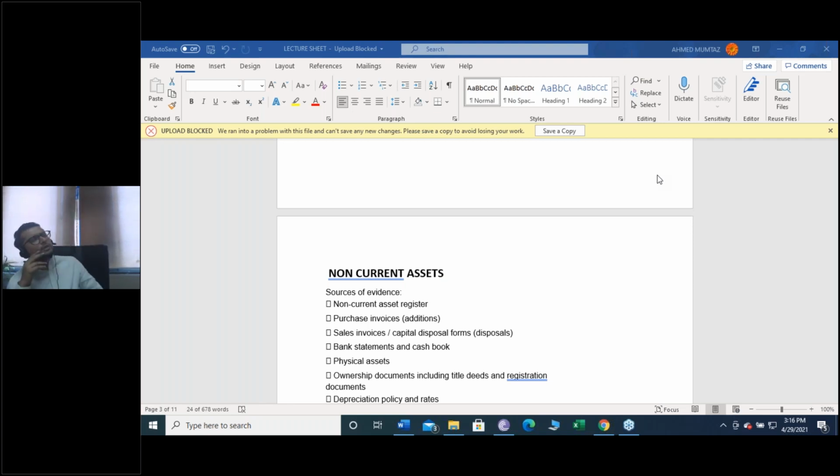If I need to apply procedures on receivables, payables, non-current assets, inventory, revenue, in each and every case, you will obtain the schedule from the client and you will cast it in order to verify the arithmetical accuracy.